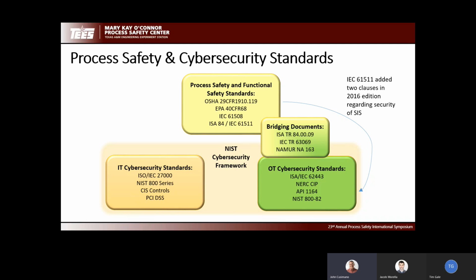And then we're also seeing other standards, what we call bridging documents, standards that talk about both functional safety and industrial cybersecurity. And probably the most predominant one in that category would be the ISA Technical Report 84, coming from the ISA 84 committee, and talking about the process safety and the cybersecurity implications.